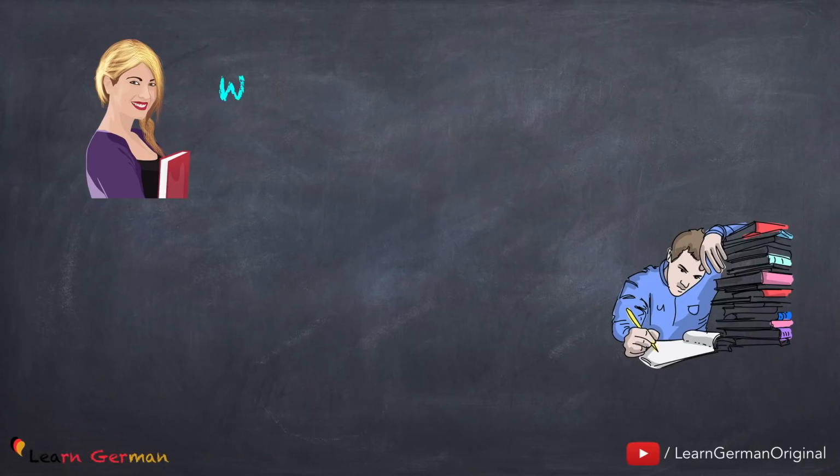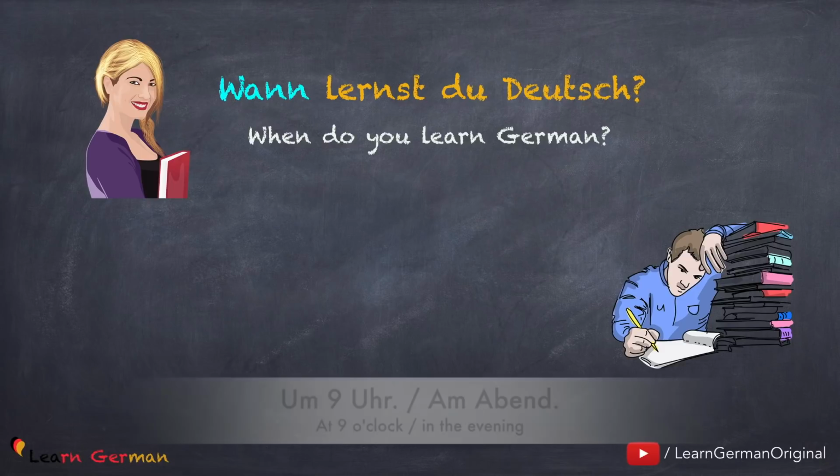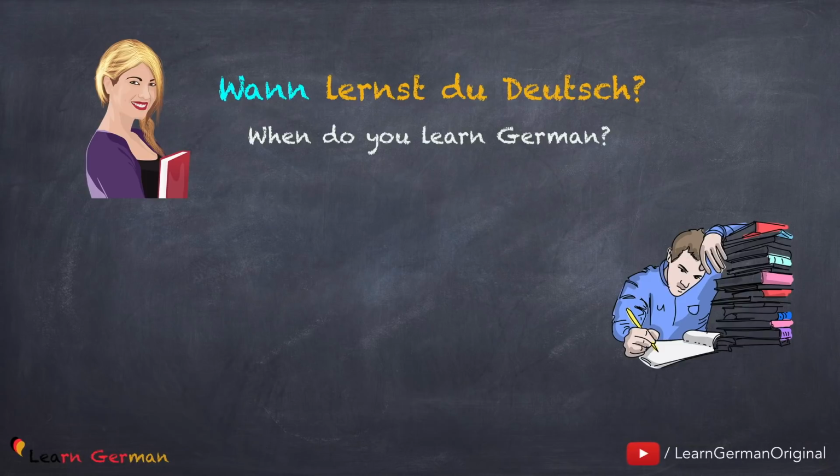Sometimes a few questions, when put up with wann, can have various possible answers. For example, wann lernst du Deutsch? There can be many answers possible. As mentioned before, you can either use prepositions of time. You can say 9 Uhr oder am Abend. Or you can use adverbs of time.